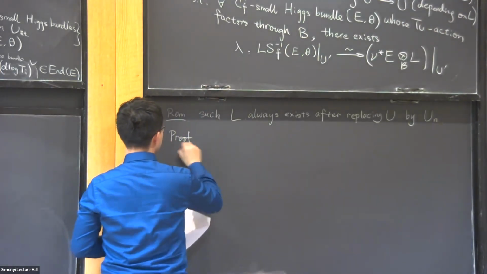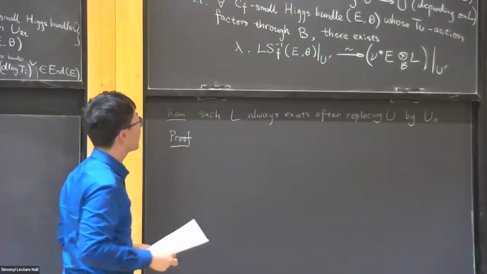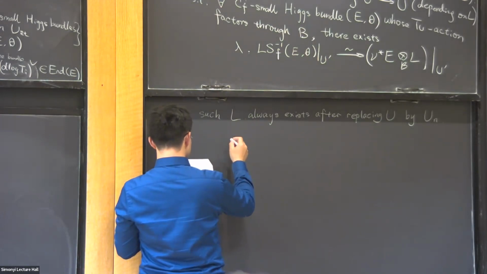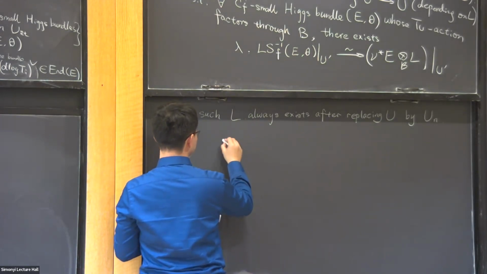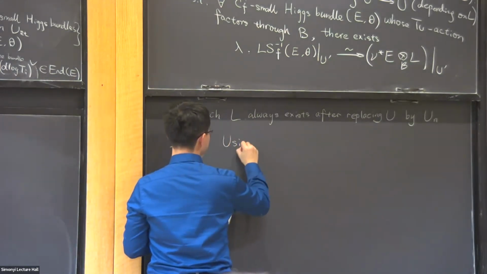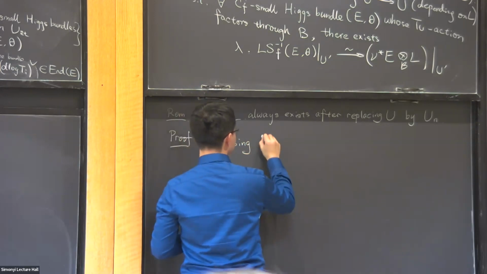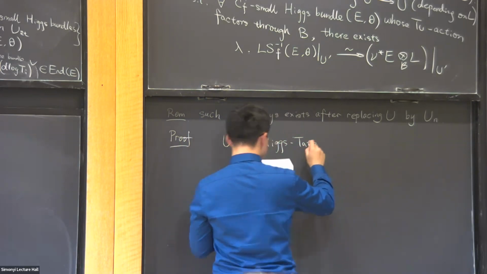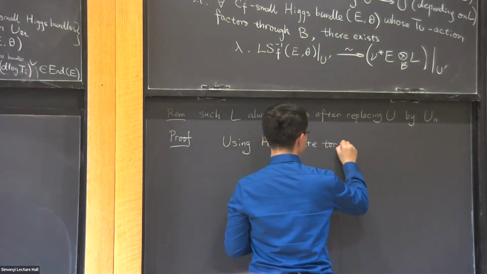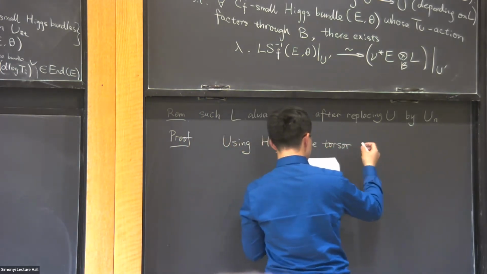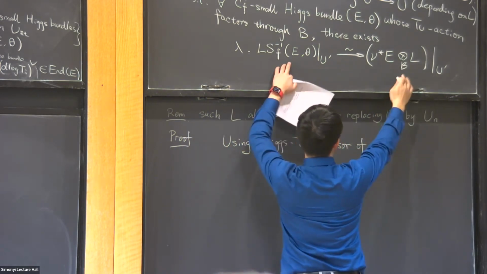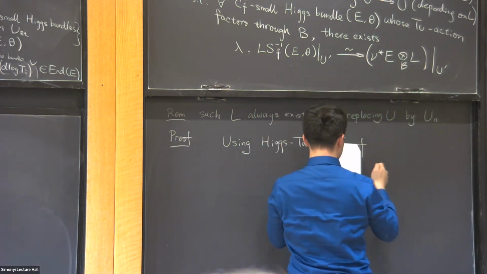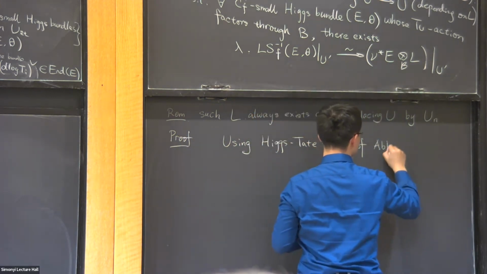So the idea of proving that they are equivalent is to use the Higgs-Tate torsor of Abbes-Gros to give a concrete computation of the representation structure on both sides, and then you find they are equal to each other.